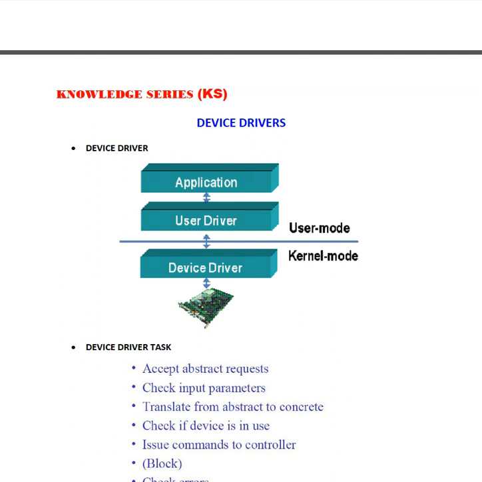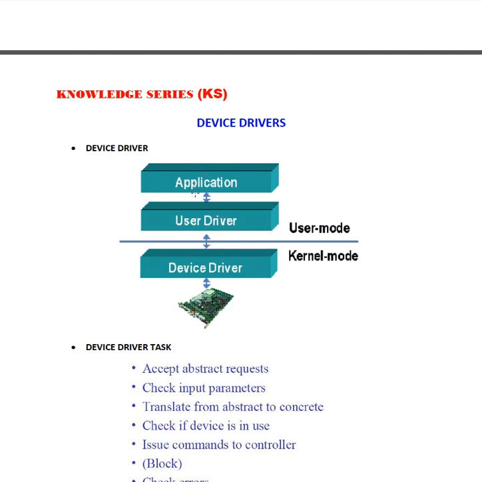Based on that software, the device driver will be able to instruct the computer system, and thereby the operating system will understand that this particular device needs to be incorporated. That's why the user mode and the kernel mode interact.